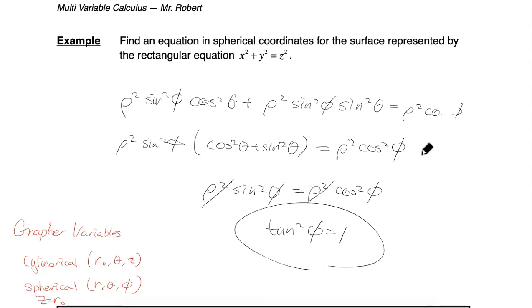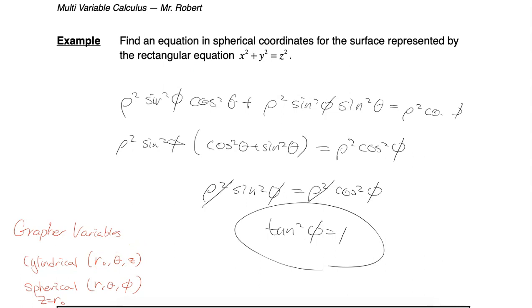If you want to graph functions in Grapher, then there's a set of variables that is fixed in the software, and you don't need to tell the software that you are using cylindrical coordinates, but you need to type R0, theta, and Z. How do you type R0?